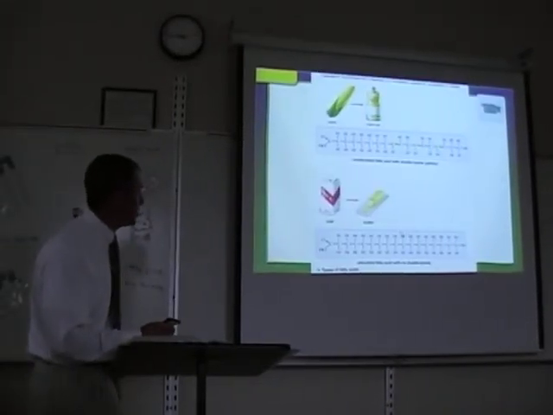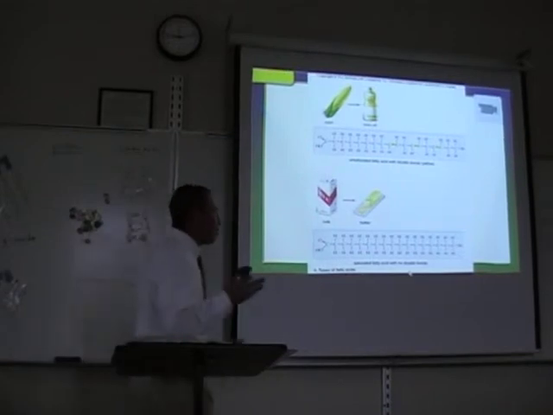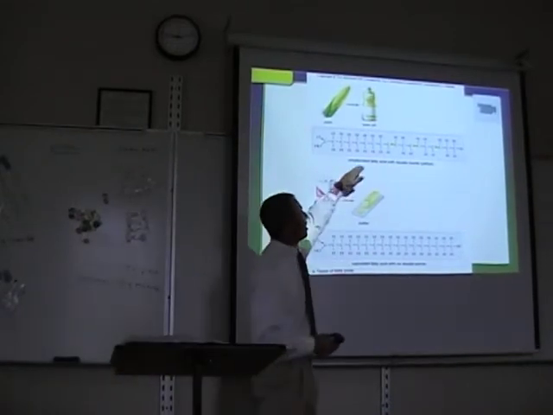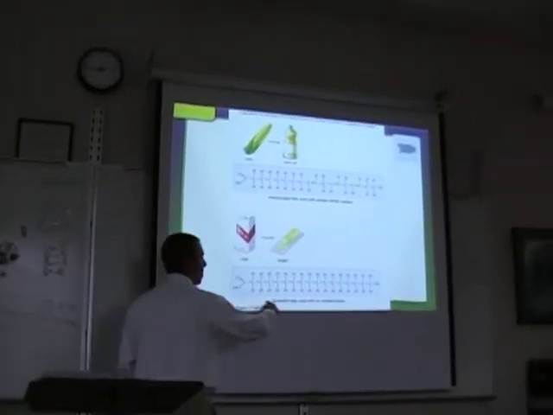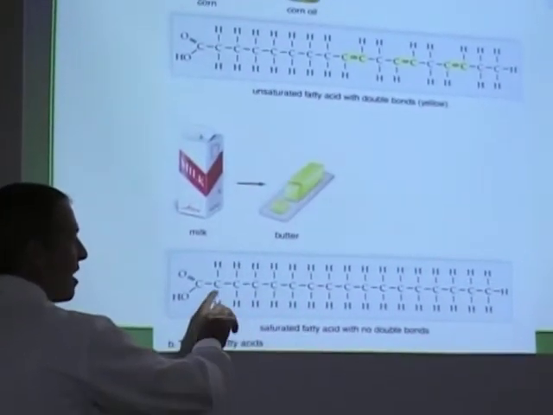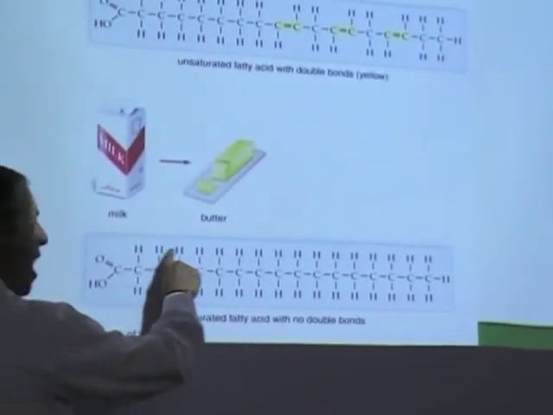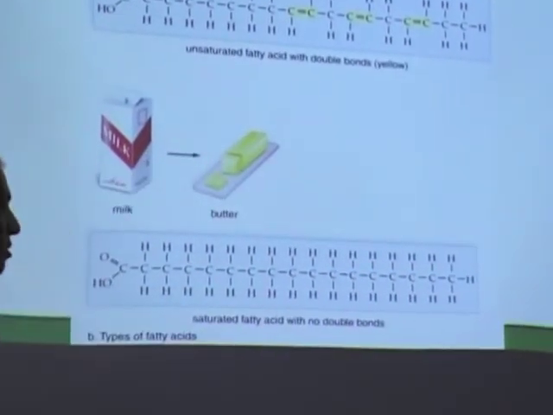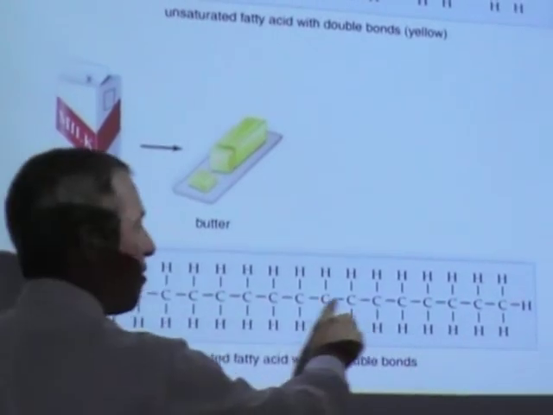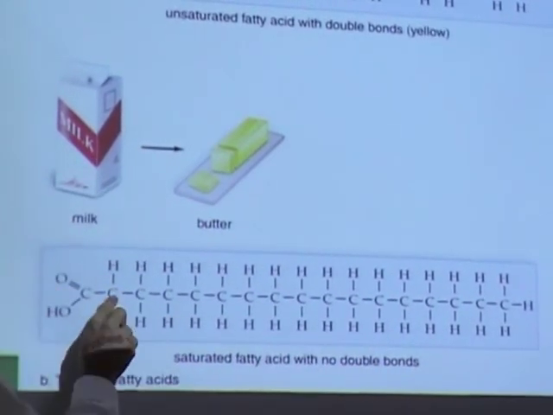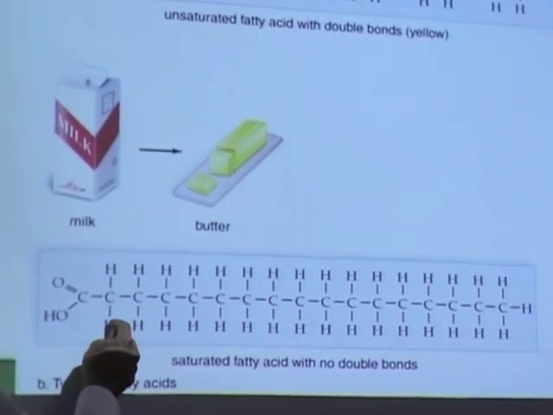This is it right here. You've probably heard of saturated versus unsaturated fats. What we're talking about, when we say saturated, is the amount of hydrogens connected to the carbons. Here's a saturated fat on the bottom. It's this long chain of carbons, and if you notice, every carbon has hydrogens.